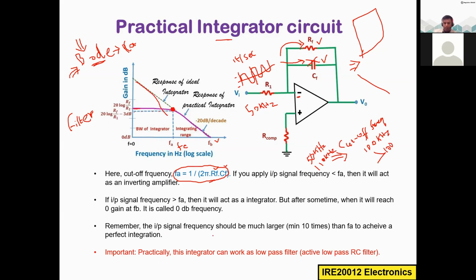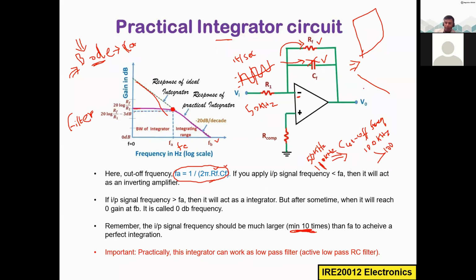Remember, the input signal frequency should be much larger than the cutoff frequency to achieve a perfect integration. It should be minimum 10 times. That is some kind of standard you can also remember. I told you the cutoff is 100 kilohertz, right? If I apply 110 kilohertz, yes, integration is possible, but it is not a good integration.